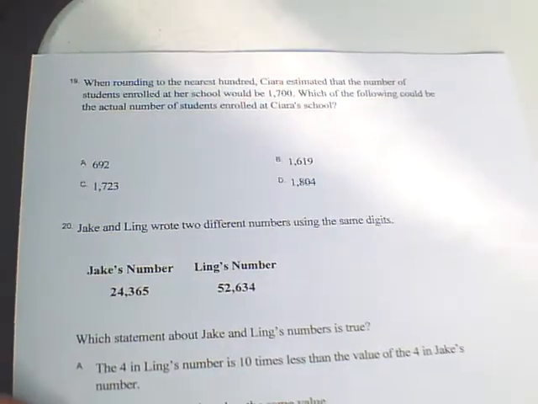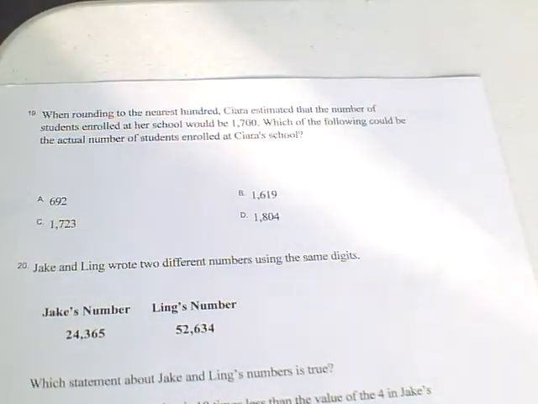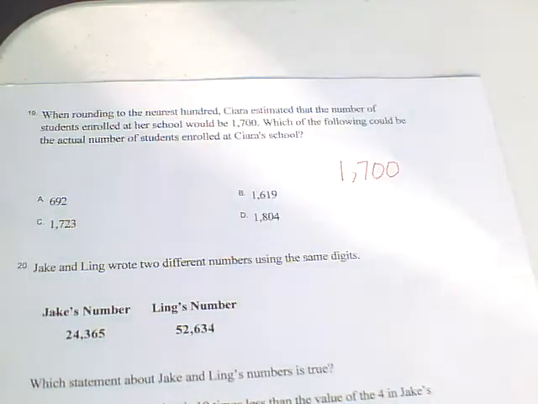Number 19. When rounding to the nearest hundred, Ciara estimated that the number of students enrolled in her school would be 1,700. Which of the following could be the actual number of students enrolled in Ciara's school?